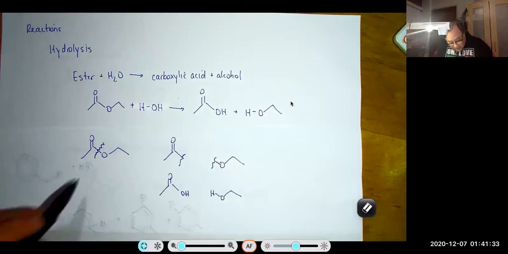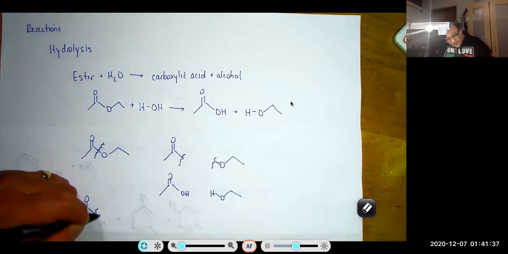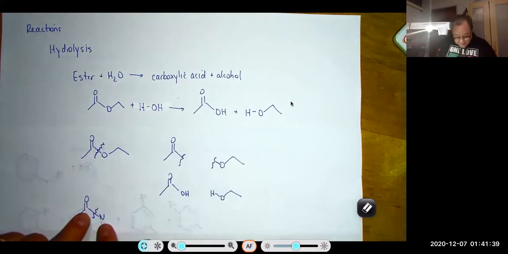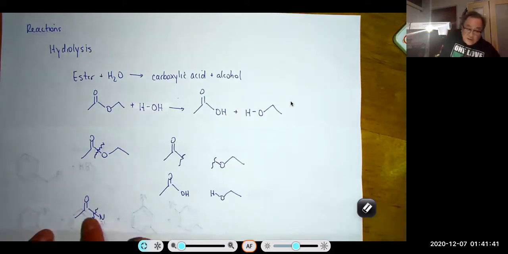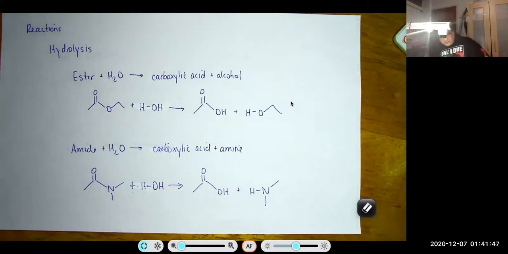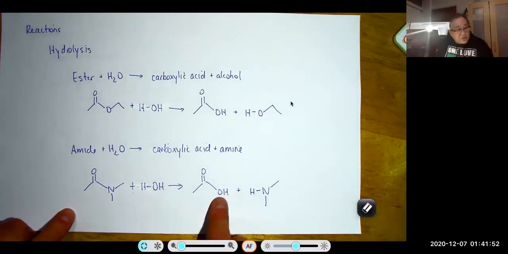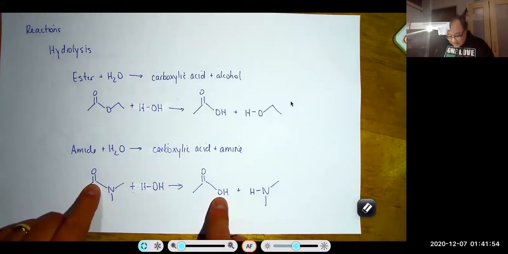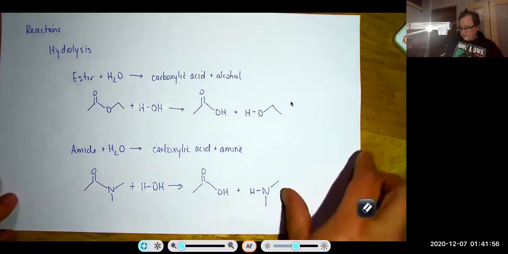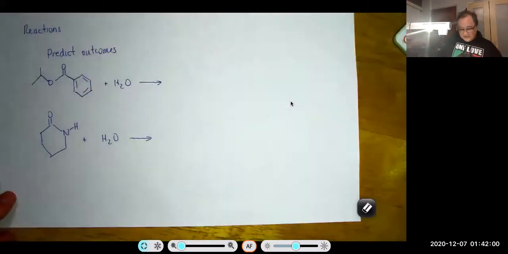You break this bond here between the carbonyl and the nitrogen, and you add the OH to the carbonyl and the hydrogen to the nitrogen. So here you can see that we break that bond, add the OH to the carbonyl, and add a hydrogen to the nitrogen. So let's take a look at a couple of problems based on this.